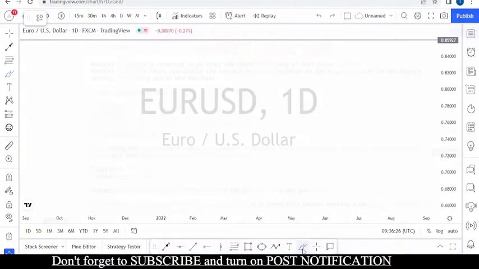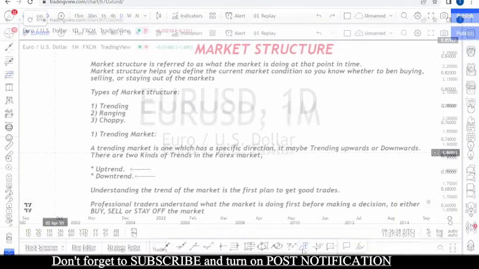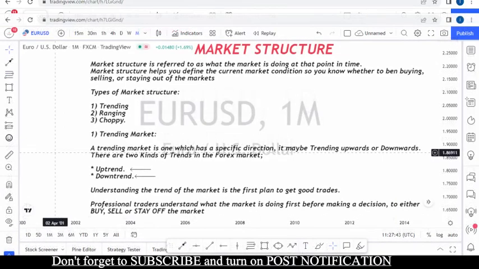Now, what is market structure? Market structure tells you when to buy, when to sell, or when to sit on the sidelines. Market structure tells you if we're in a trending market, a ranging market, or a choppy market, right?